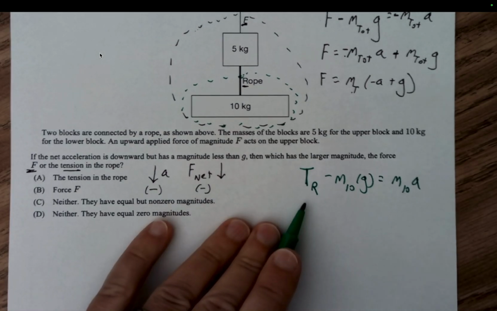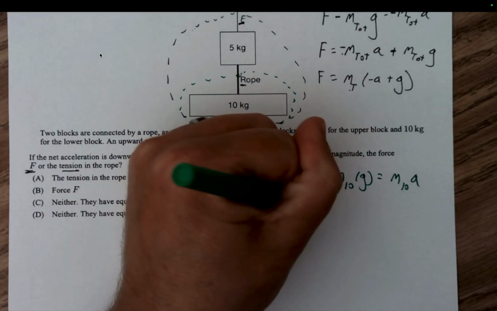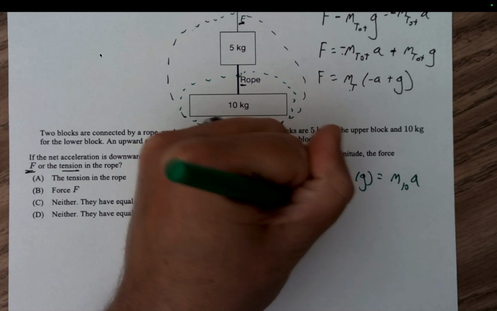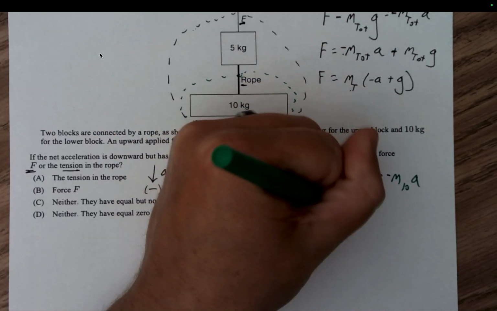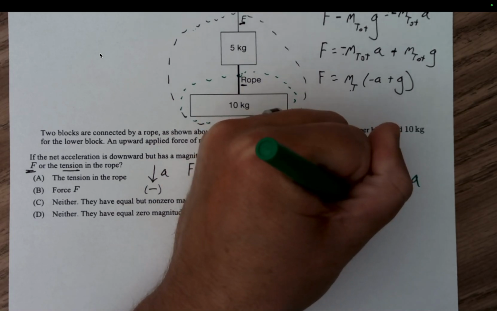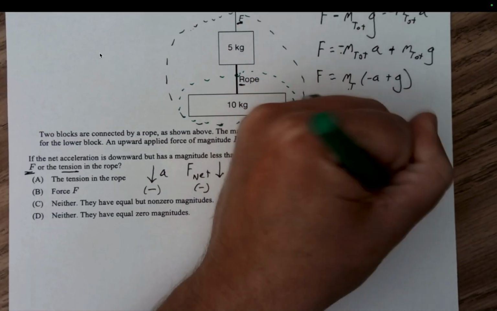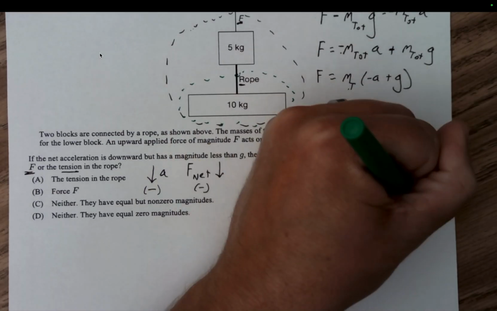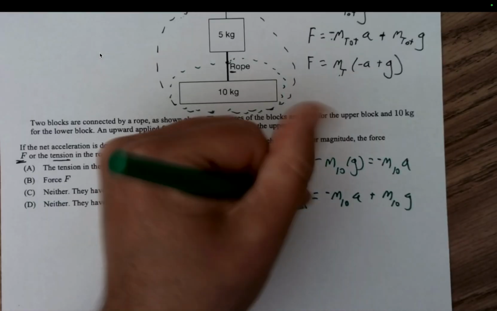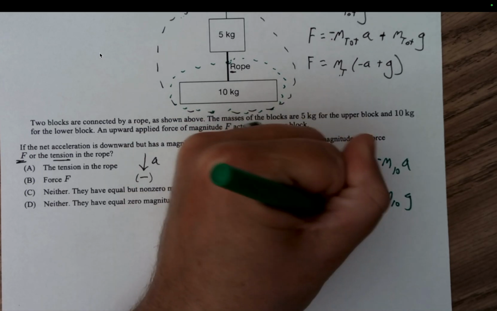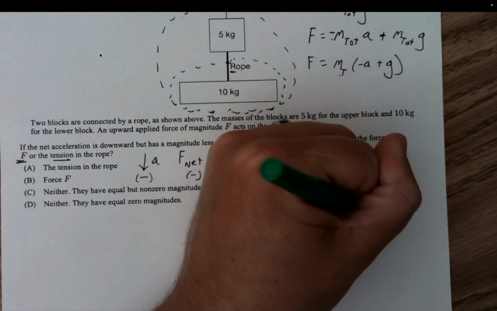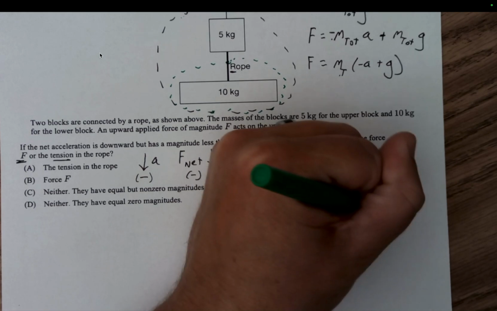I'm going to solve for the tension in the rope, where the tension is going to equal negative mass times acceleration plus the mass of the 10 kilogram object times G. I can do the same thing I did before, pulling out the mass of the 10 kilogram object, now giving us a negative A plus G.